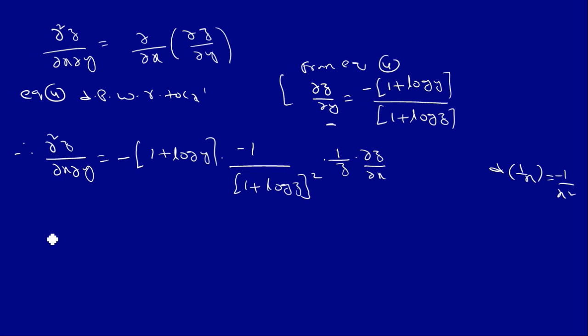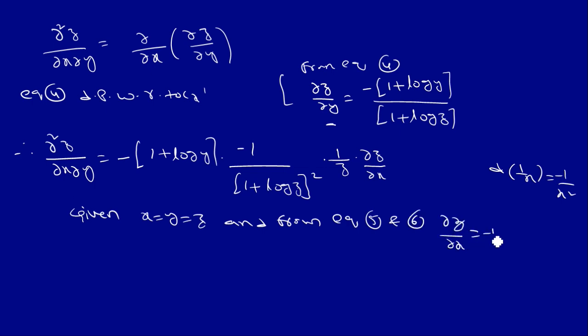Already you know from the given, x equals y equals z, and from equations 5 and 6 in the previous slide, dou z by dou x equals minus 1, dou z by dou y equals minus 1.